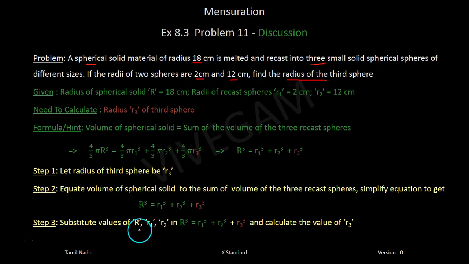Substitute the values of capital R, R1, R2 in this equation and calculate the value of R3. And R3 is the only unknown here, so it should be easily calculated. Okay, great. So pause the video here and try to work this problem on your own and come back and check your working against our solution.